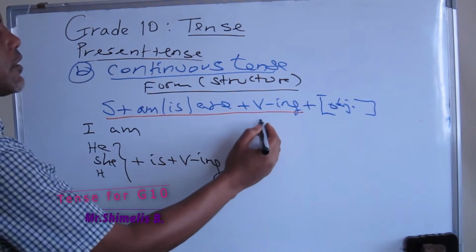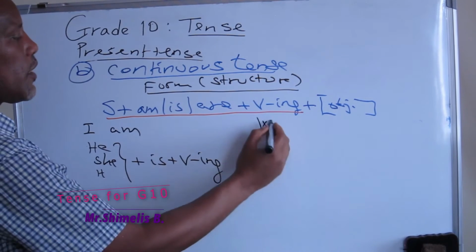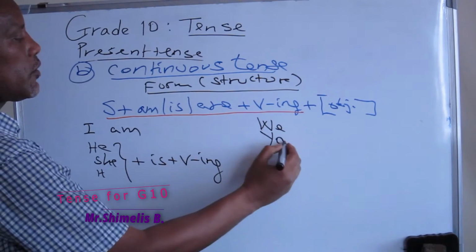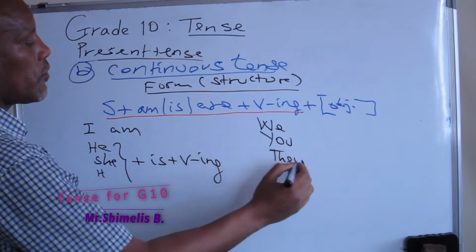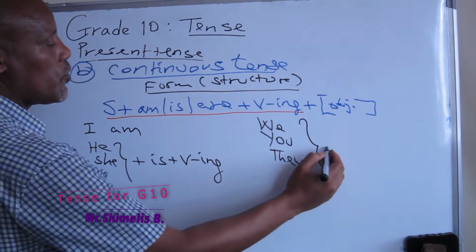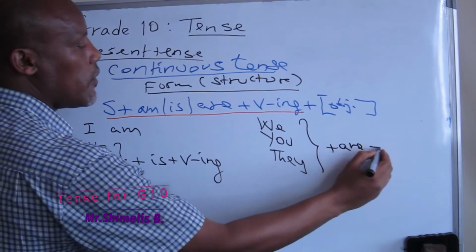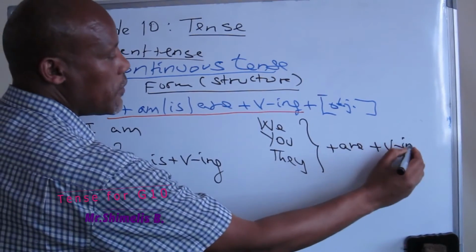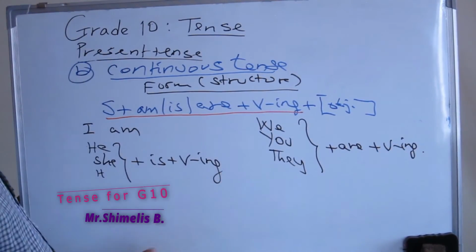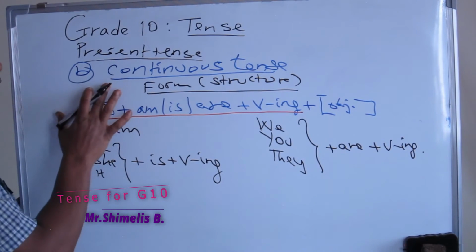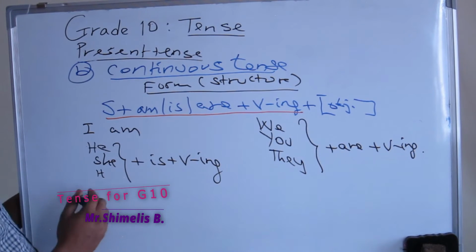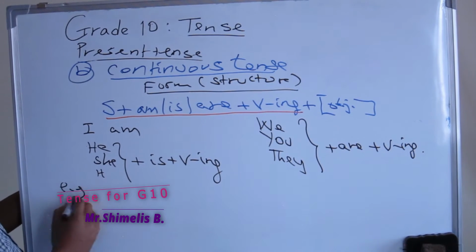And with first person plural we, second person singular and plural you, and third person plural they, we use are, and the main verb becomes verb-ing. So these are the structures that we need to follow for continuous tense. Now let's see some examples.